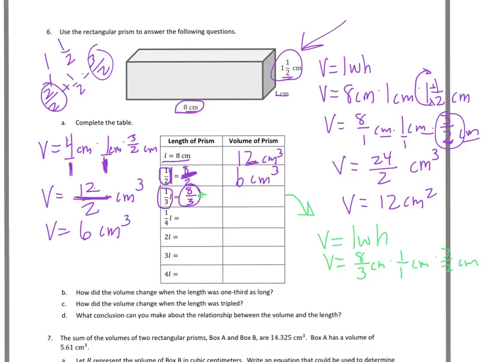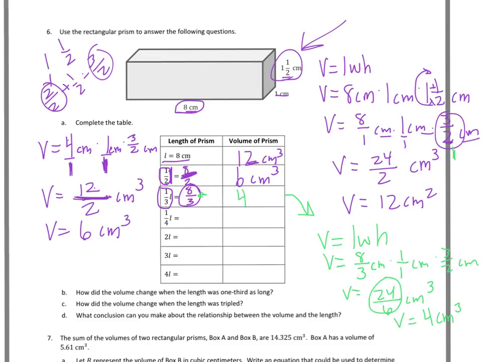And again, I'm using 3 halves because I already converted it up here. So 8 times 1 times 3 is 24. 3 times 1 times 2 is 6. And that's centimeters cubed. And I'm going to end up with 4 centimeters cubed because 24 divided by 6 is 4.